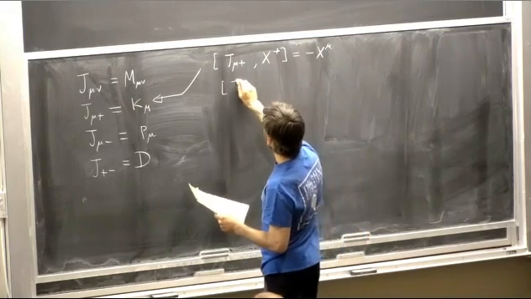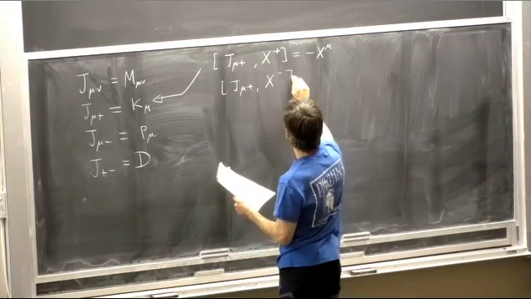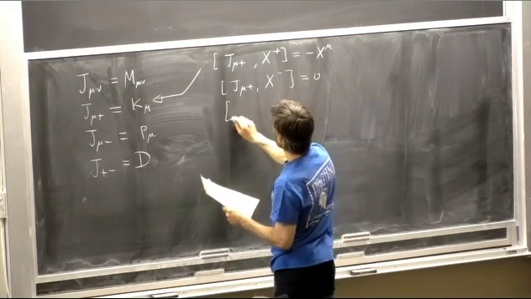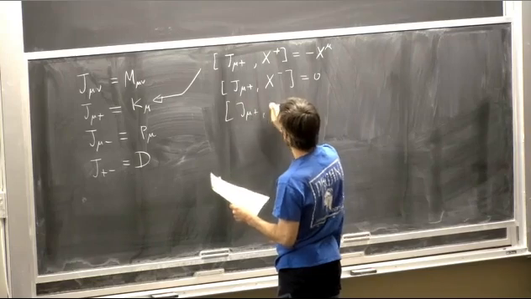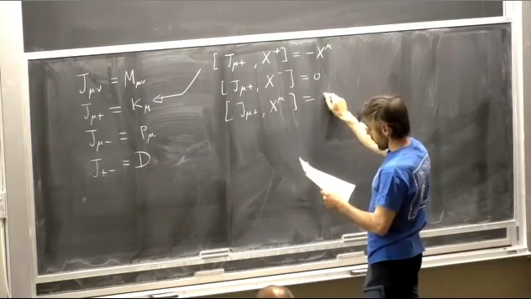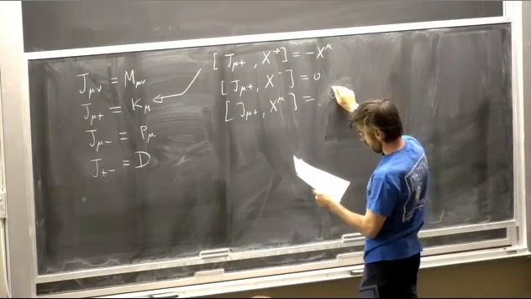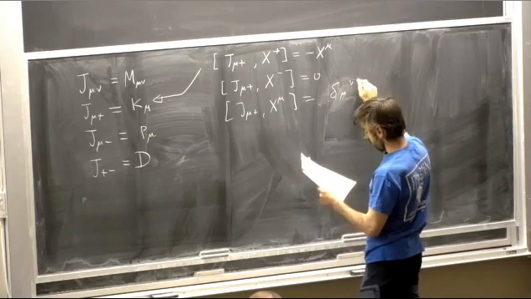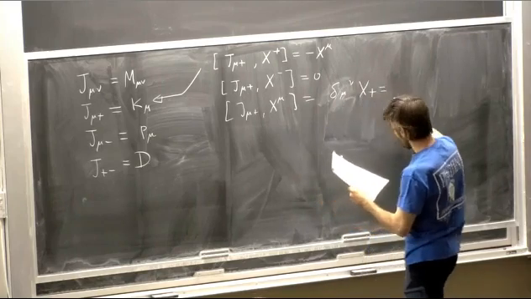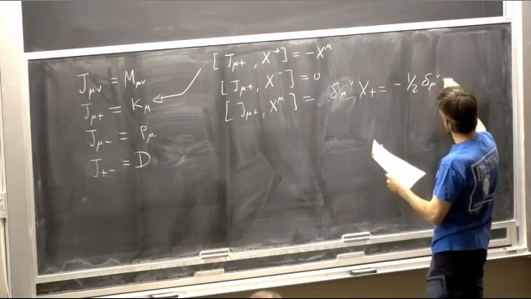I act on x minus, and I get 0. And once I act with it on x mu, what I get is delta mu x plus, which is equal to minus 1/2 delta mu x squared.